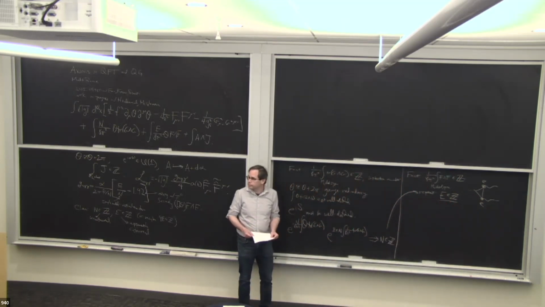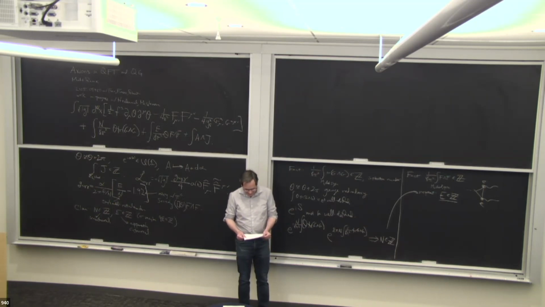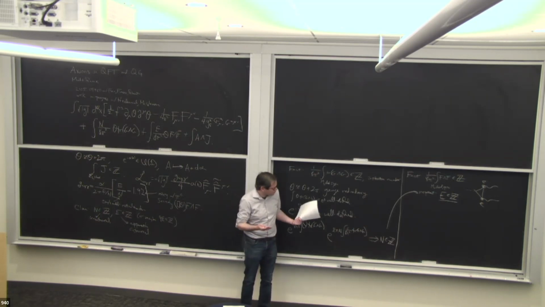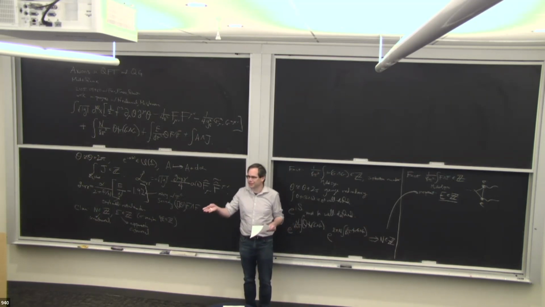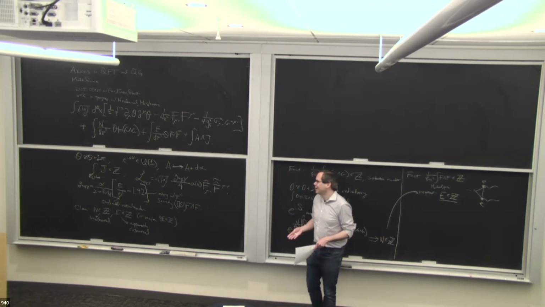I mean, you're defining the theory to have weakly coupled electrically charged particles as opposed to weakly coupled magnetically charged particles. So I feel like it's part of the definition. Yeah, that's basically right. Okay. I'm going to spend the next, I don't know, 20 minutes giving a more long-winded version of the argument you just said, basically.